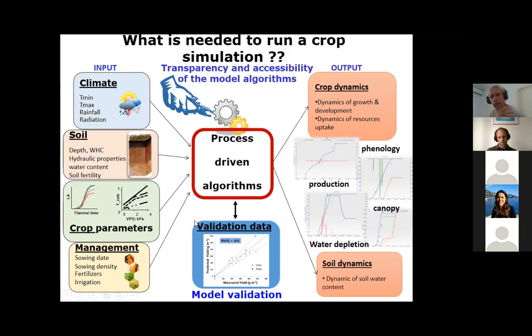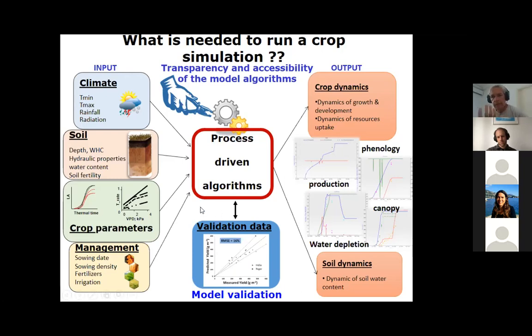And it outputs a bunch of things: the crop dynamics, the crop phenology, so when it flowers, when it matures, when it emerges. It outputs production, of course, and a number of balances in terms of nutrients and water balance. And it needs also validation data.